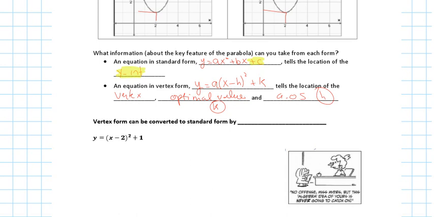So what do you want to do if you want to expand, to go from vertex form to standard form? A is 1. Right? What do you want to do?